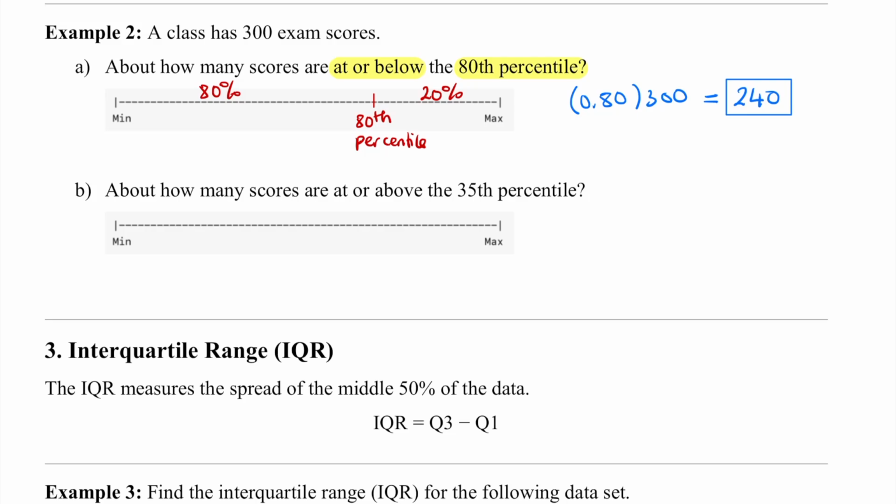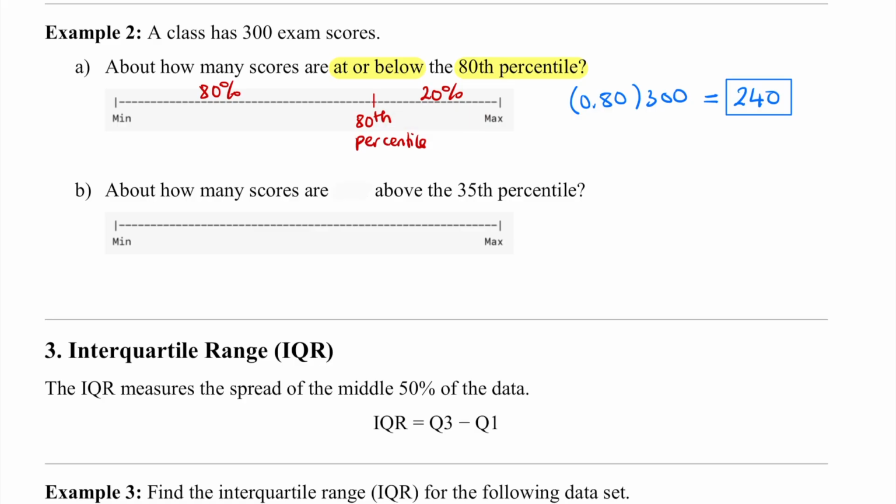So there are approximately 240 scores at or below the 80th percentile. So if your score is right here, there are about 240 scores at or below your score, and about 60 scores are above your score.